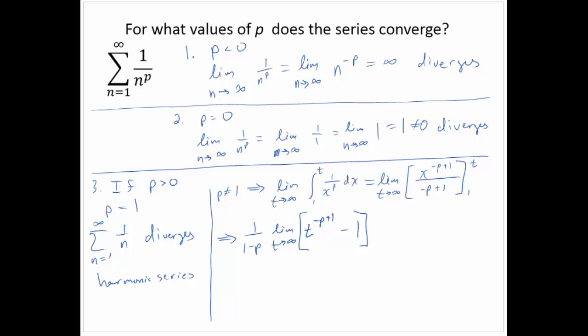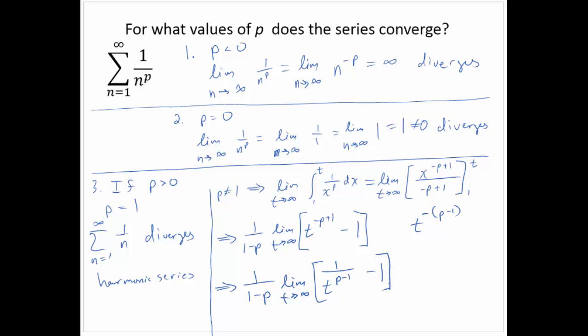Now, t to the negative p plus 1 is equivalent to t to the opposite of p minus 1. And so I can rewrite this as 1 over 1 minus p times the limit as t approaches infinity of 1 over t to the p minus 1, minus 1.